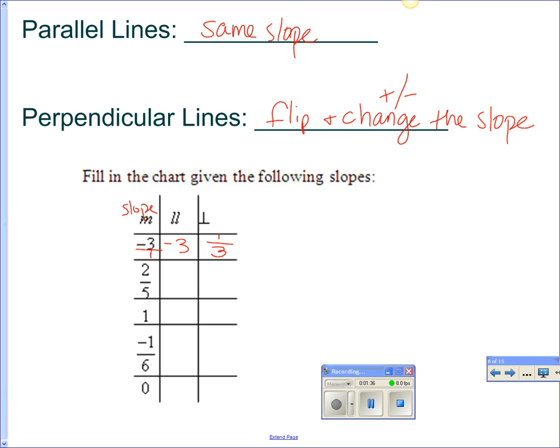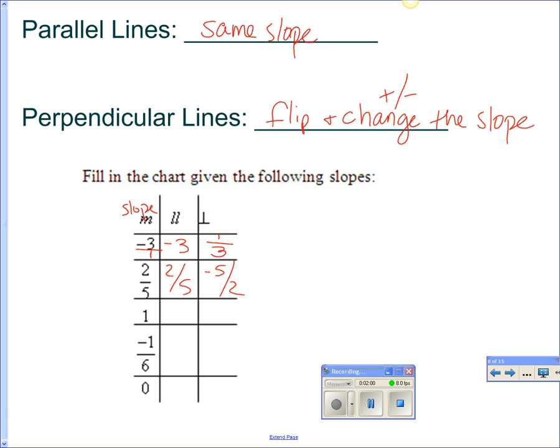Okay. All right. For the next one, we've got 2/5 is my slope. Andrew, what would be the parallel slope? Stephanie, what do I need to do for perpendicular? Good. You have to flip it and make it negative. Thank you. Okay.